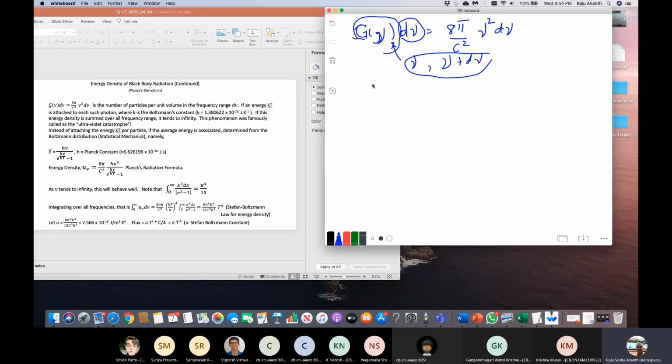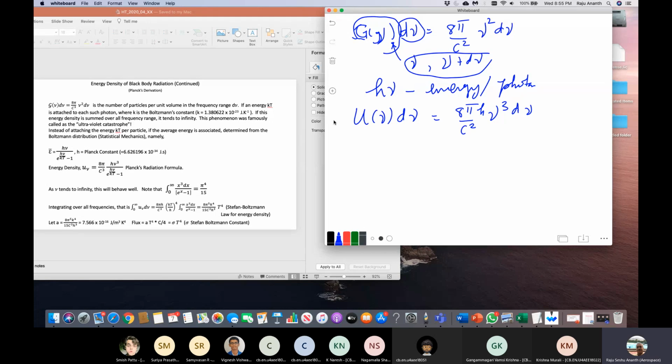Suppose I attach an h nu of energy per photon. So I had to multiply. My energy density will be 8 pi over c square, nu h, of course h will be there, d nu.